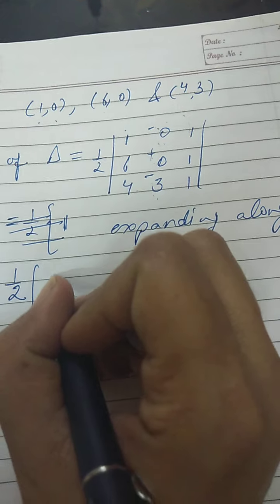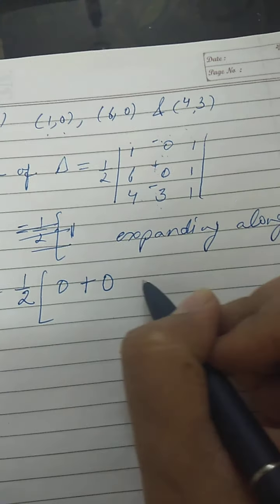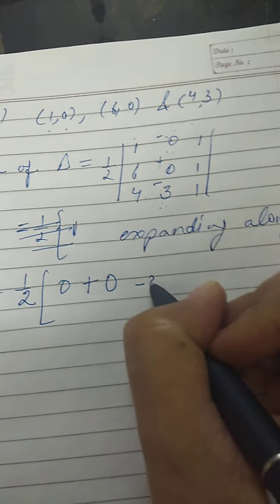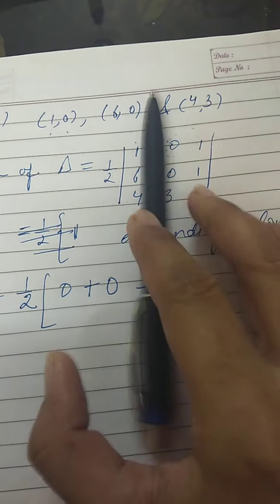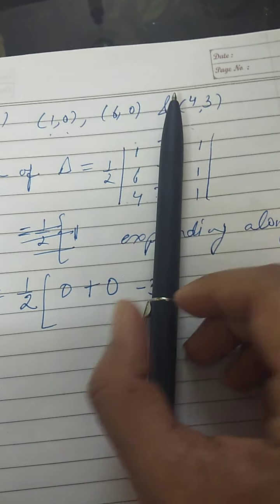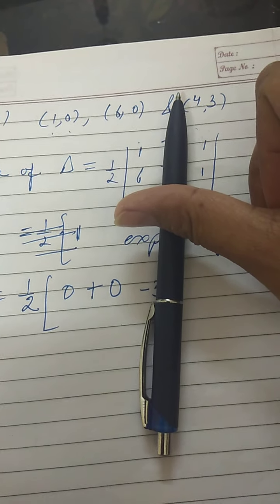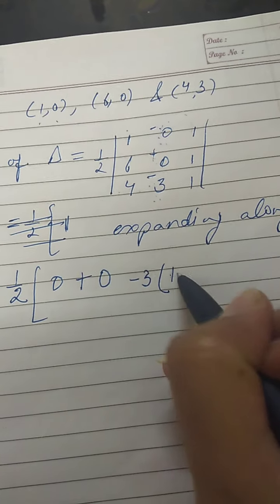So the first element, since it is 0, will be 0. The second element is also 0. Once again we will write down 0. Now the third element is minus 3. So minus 3 we will write down. And when we expand, this column and this row will not come. It means if I hide the column and the row, what is coming? 1 minus 6. So it will be here 1 minus 6.